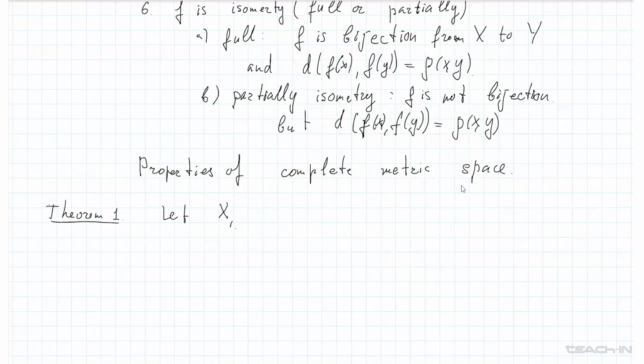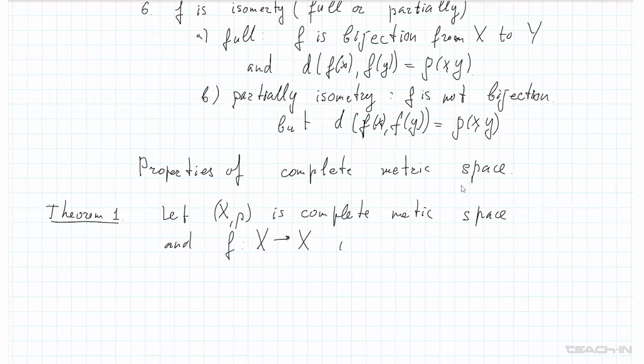Let X be a complete metric space and F a contraction map. Then there exists a unique point x star from X such that F of x star equals x star. This is the so-called fixed point theorem.